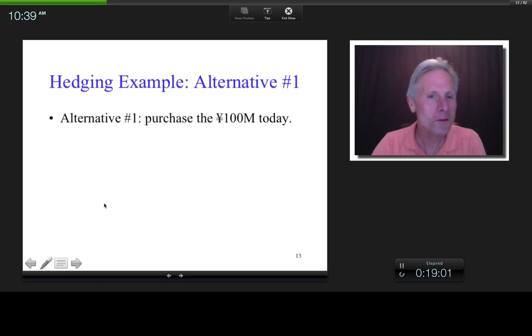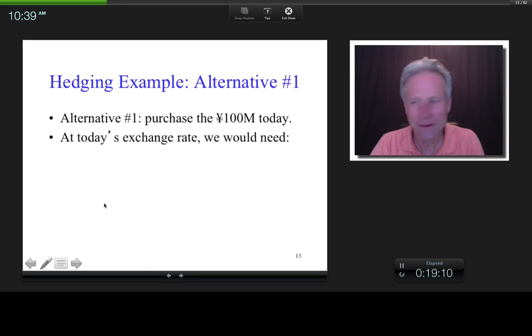Okay, so alternative number one. Let's say we buy the 100 million yen today. So at today's exchange rate, of all the various exchange rates I listed, I gave you the spot rate, I gave you the forward or futures rate, I gave you the actual exchange rates with 50-50 probability in 90 days.